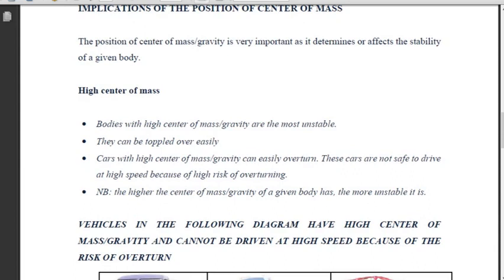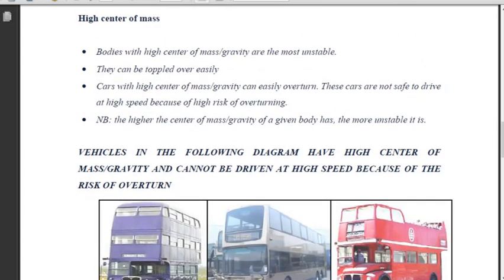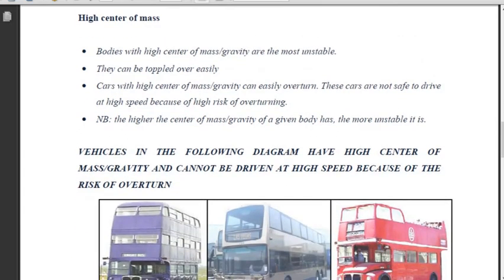As a simple generalization, the higher the center of mass, the more easily an object can be toppled over, the less stable it is.